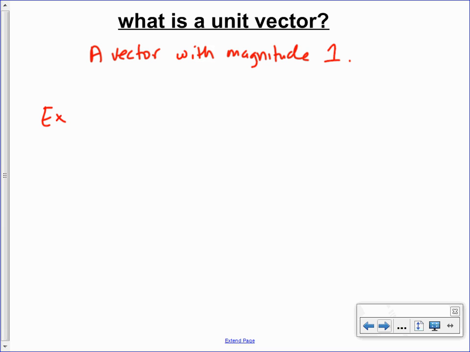For example, let's say that vector A is 2, 3. I'm just going to write it in the form that'll irk Miss Panay right now. So A is 2, 3, right here.